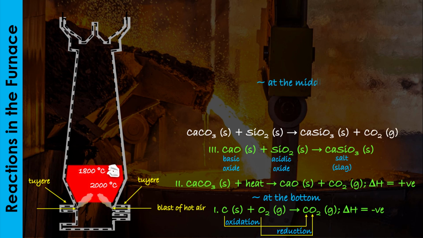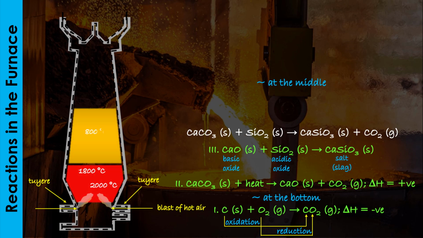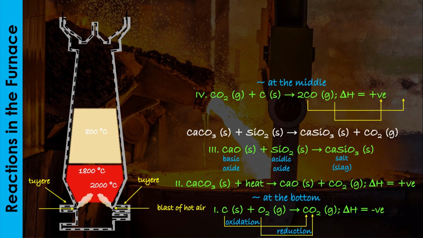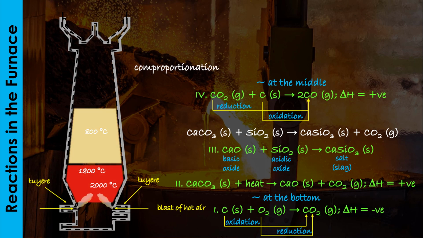The carbon(IV) oxide gas produced in equations 1 and 2 rises to the middle of the furnace and is reduced by the excess coke at about 800 degrees Celsius to carbon(II) oxide in an endothermic reaction. In this reaction, carbon is both oxidized and reduced to carbon(II) oxide, and it's known as a comproportionation reaction.